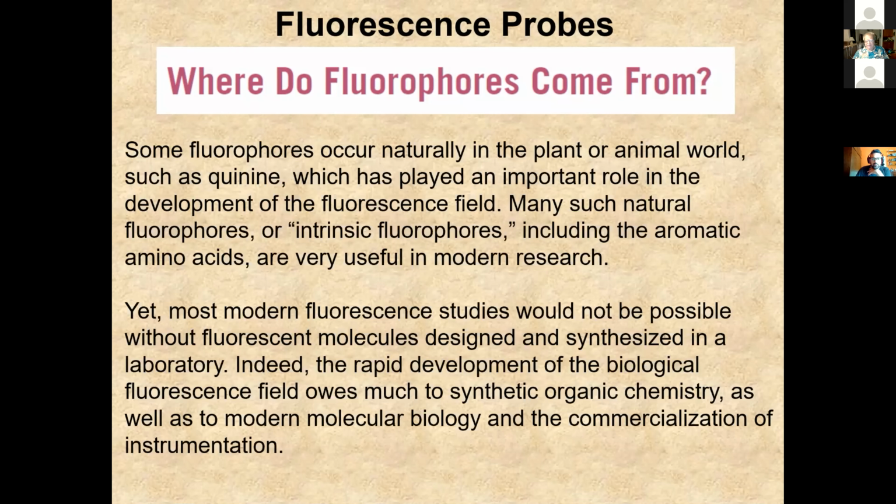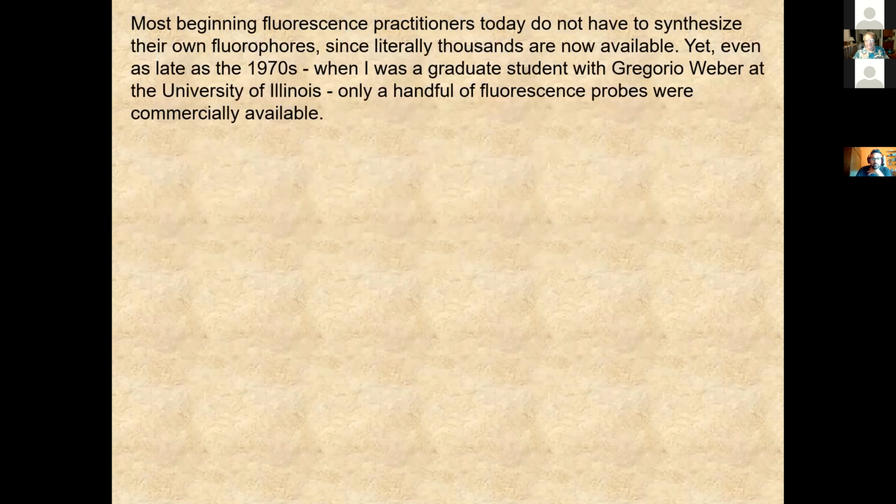In fact, the rapid development of biological fluorescence owes as much to synthetic organic chemistry as it does to modern molecular biology and commercialization of instrumentation. And most beginning fluorescence practitioners today don't have to synthesize their own fluorophores, since thousands are literally available now.